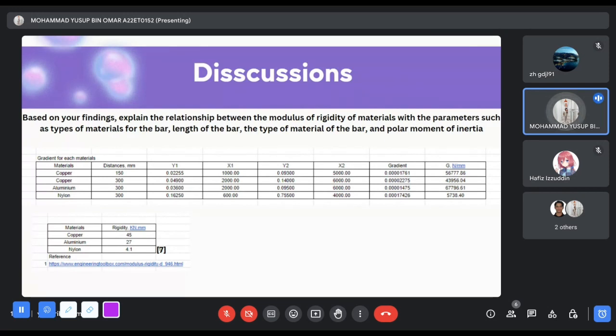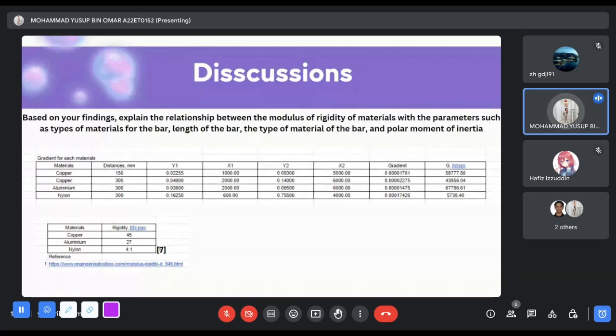So this is the result that we get to find the rigidity of the material, which is for copper 56,777.86 Newton meter, and that's the value for 150 millimeter.